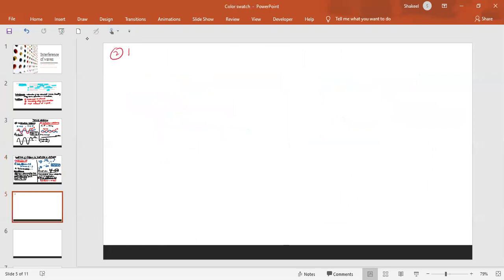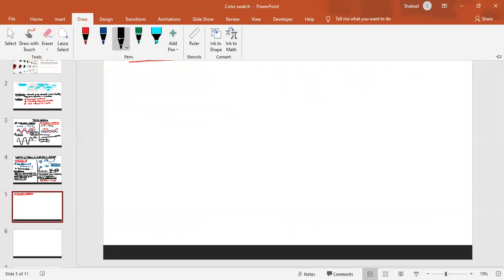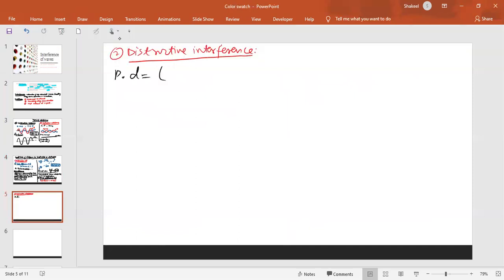Okay, number 2 is destructive interference. For destructive interference, we know that the path difference should be (2n plus 1) into lambda by 2, or the phase difference should be (2n plus 1) into pi, right?